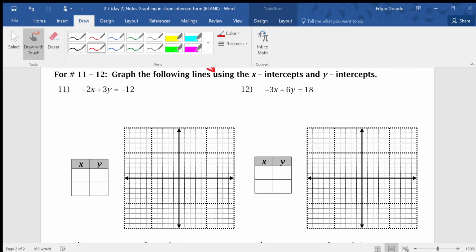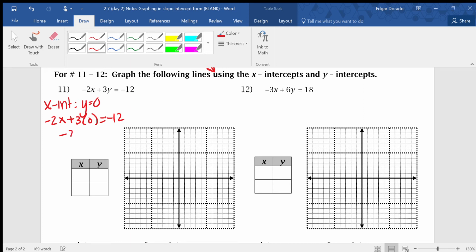Let's go ahead and do number 11 together, and I'm going to have you try number 12 on your own. So remember, first things first, x-intercepts mean that your y has to equal 0. So if my y equals 0, I have negative 2x plus 3(0) equals negative 12.